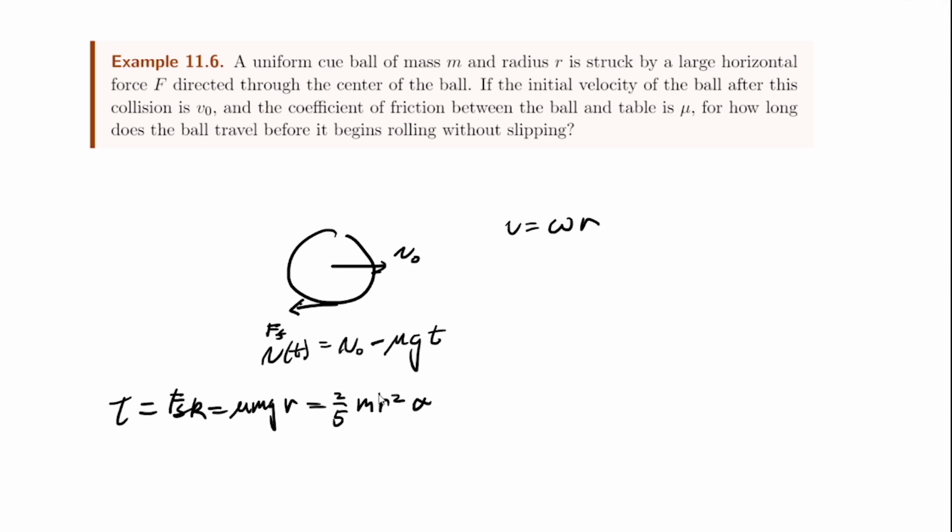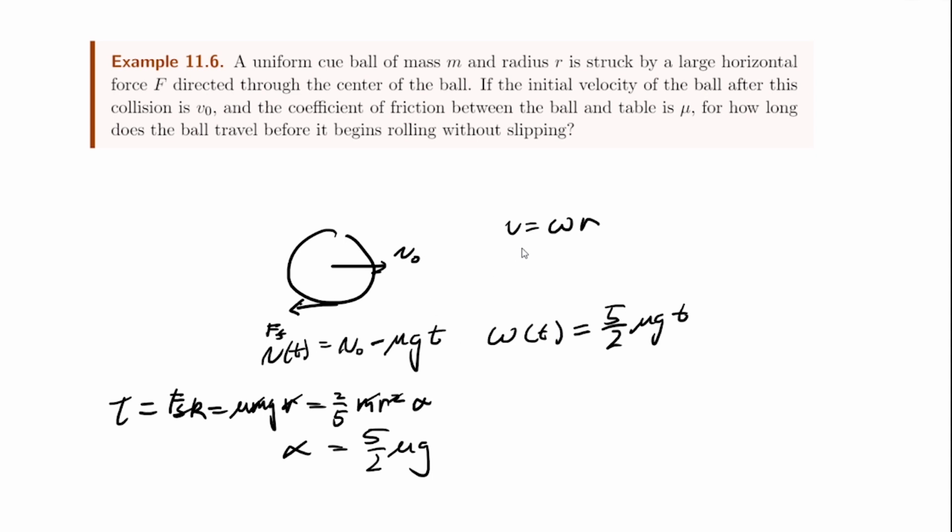We can cancel these out, and so alpha is equal to 5/2 mu g over r. So omega of t is equal to, since it starts without spinning, because the force is directed through the center of the ball, 5/2 mu g t.